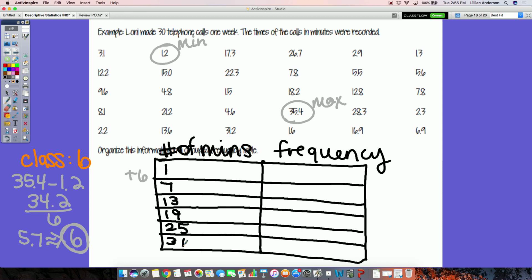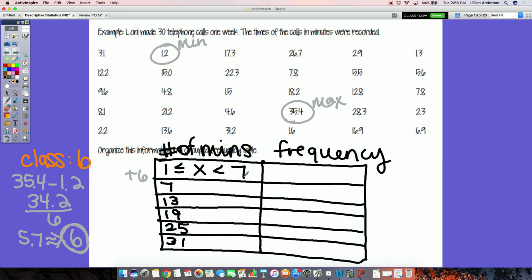So you write your compound inequality like so. 1 less than or equal to x, less than 7. Okay? So I have a less than or equal to with the 1, and then I have a less than 7. So my first class includes 1 and goes all the way up to 7, but doesn't include 7.